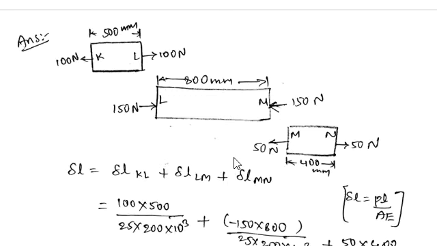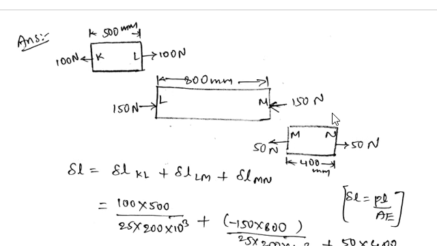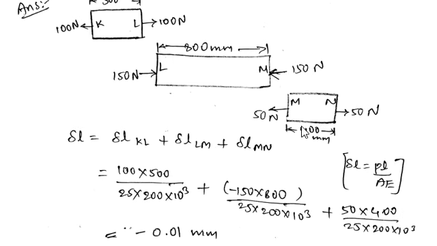And next is the delta L for section LM. Here, from this diagram, 150 newtons is a compressive load, so we take minus for this load for section LM. So minus 150 into length 800, area 25, and E value 200 into 10 to the power of 3 megapascal. And for section MN, the load value is 50 newtons.